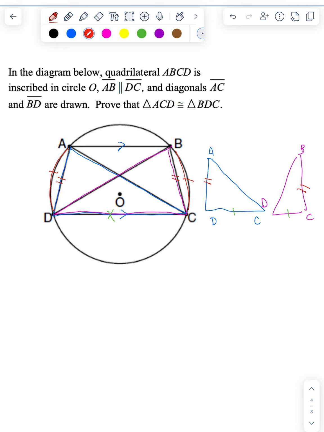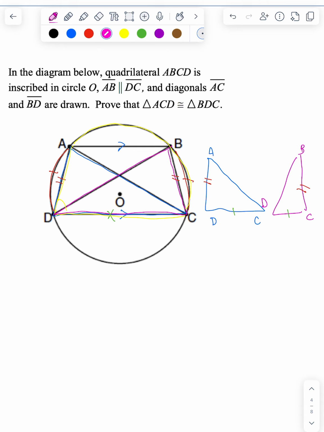We already have two pairs of sides. If we can get another side, which I don't think we can do here, that would be good. Or if we can get an angle, specifically if we can get angle ADC and angle BCD so that we can have side angle side. Angle ADC, this angle over here, is an inscribed angle, and its intercepted arc is arc AC.